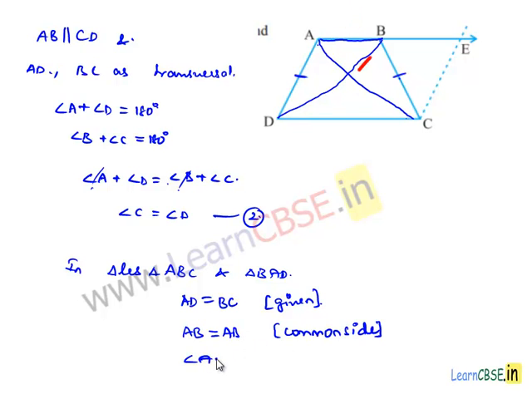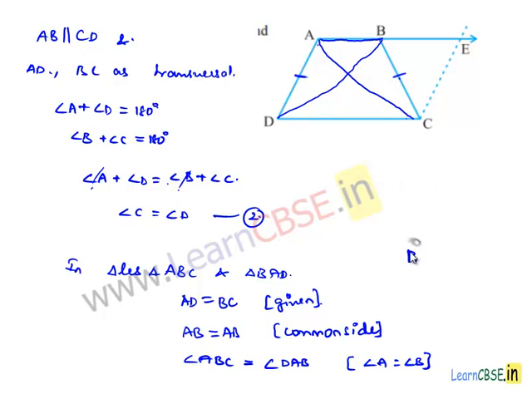and also angle ABC is equal to angle DAB, since we got that angle A is equal to angle B for the trapezium.